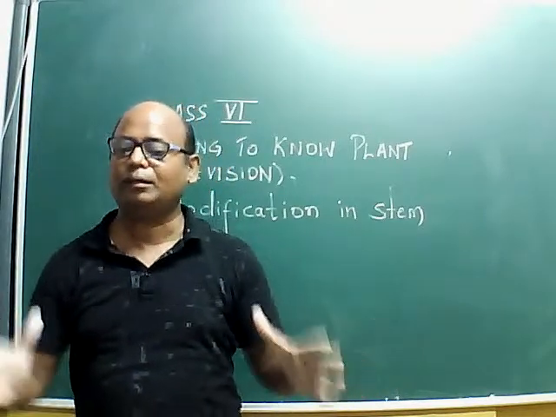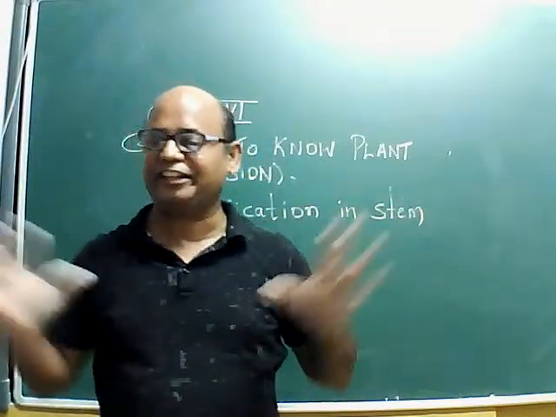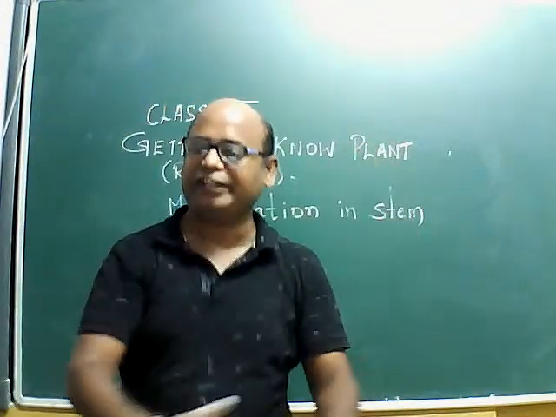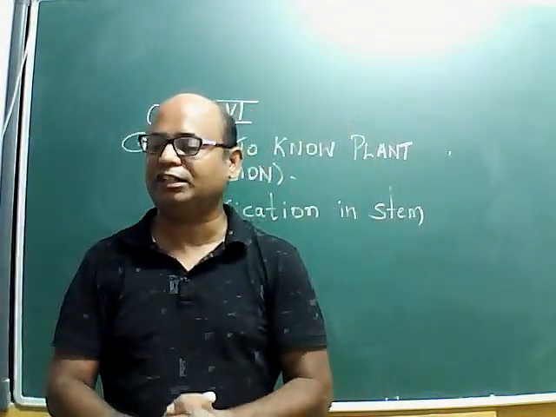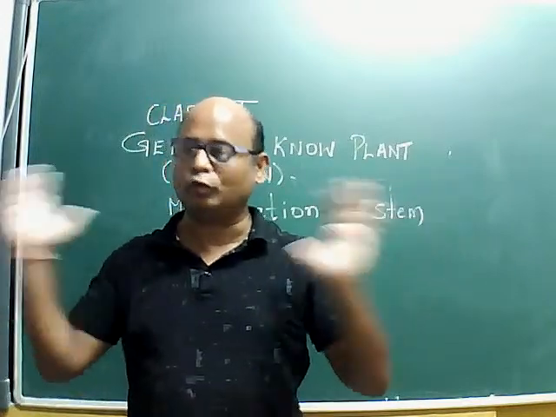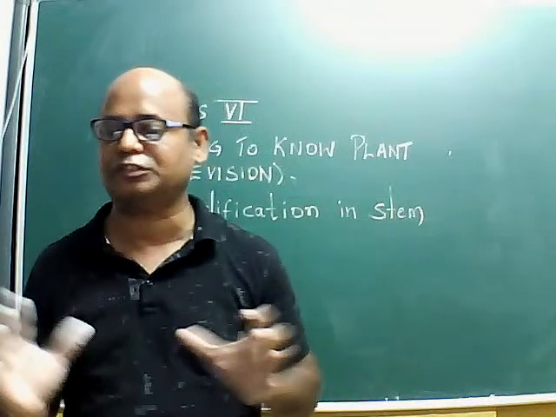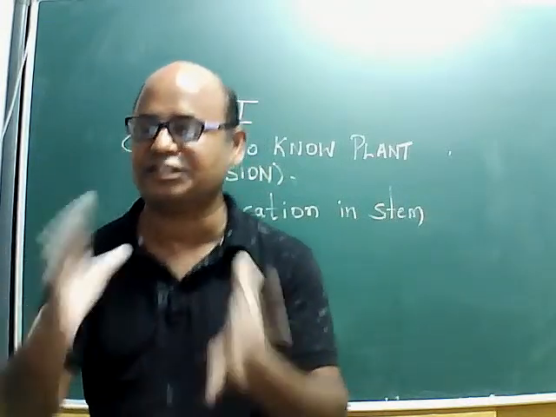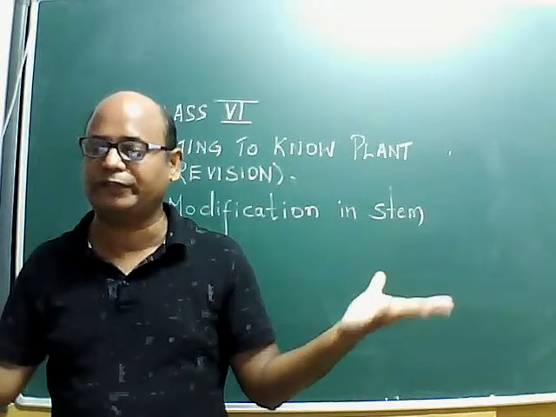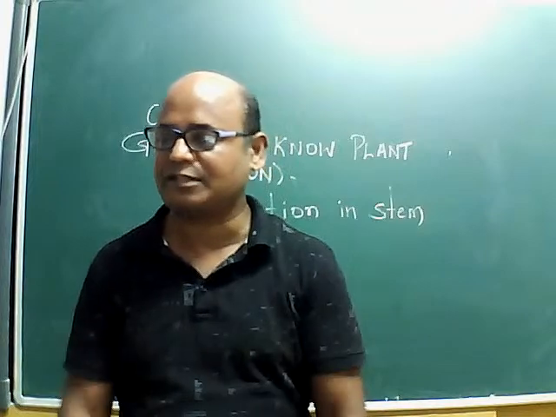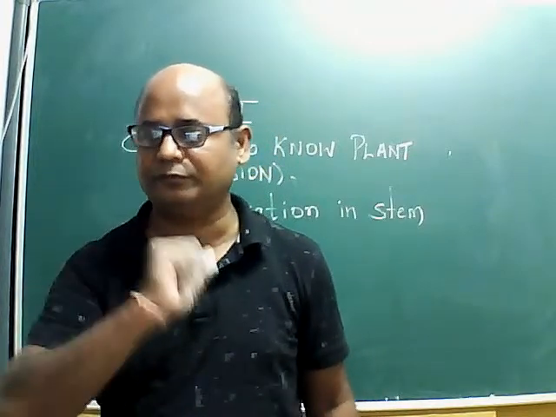After learning about different categories of plants like herbs, shrubs and trees regarding their height, their stem and their branches, we studied the stem and the general functions of the stem. Now there are some modifications in the stem. For example, you might have seen some stems like potato, all of you have seen.